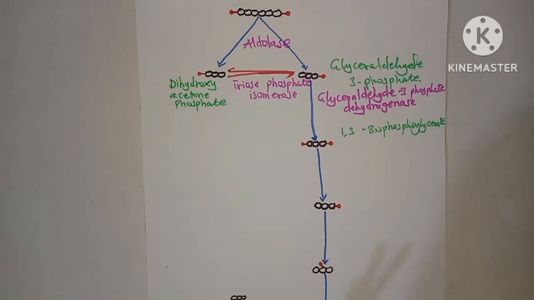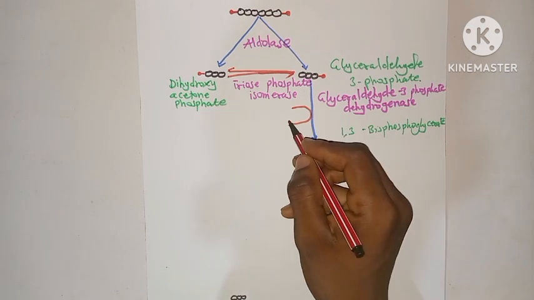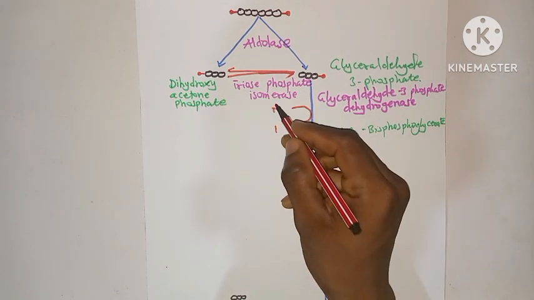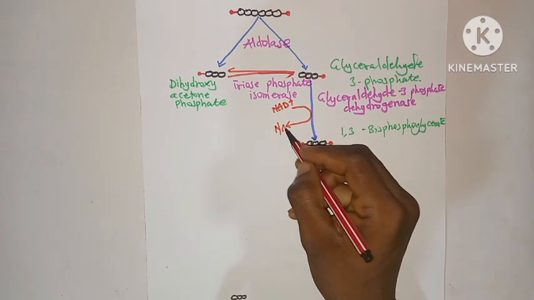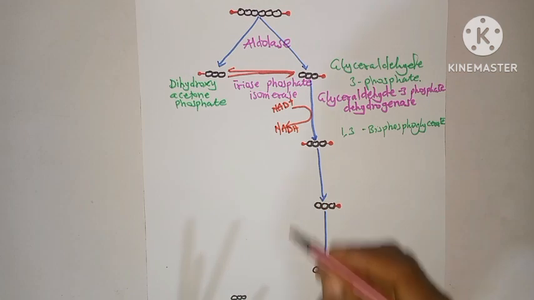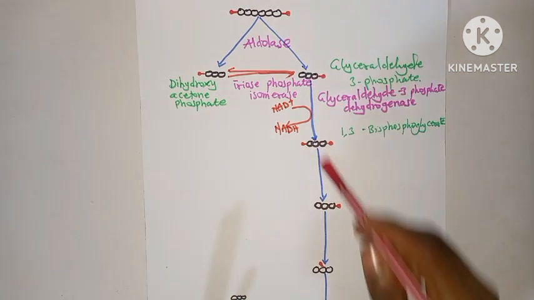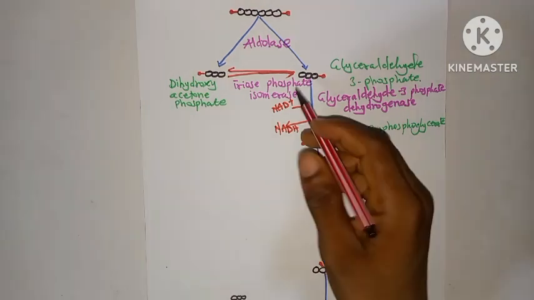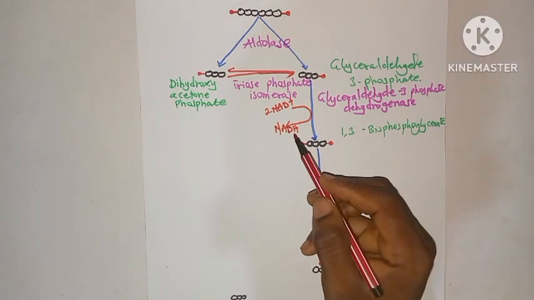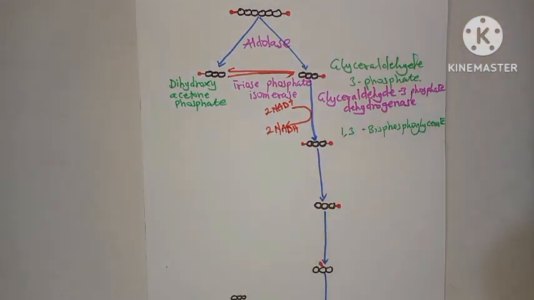Let me write that down too. So we have NAD plus to NADH. And then remember, I said from here onwards, we're going to run the pathway twice. So meaning that we're going to have two NAD plus being converted to NADH.